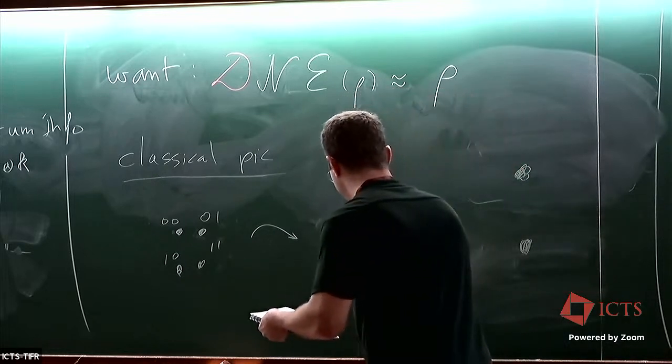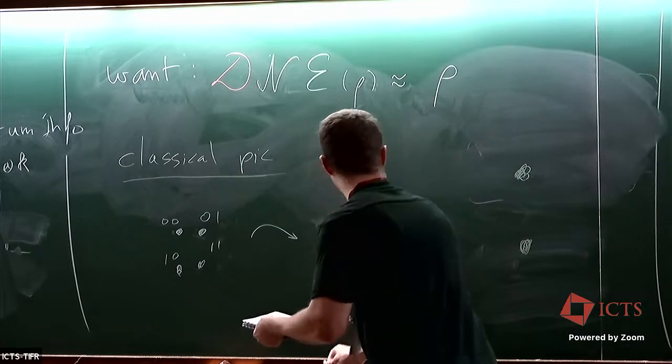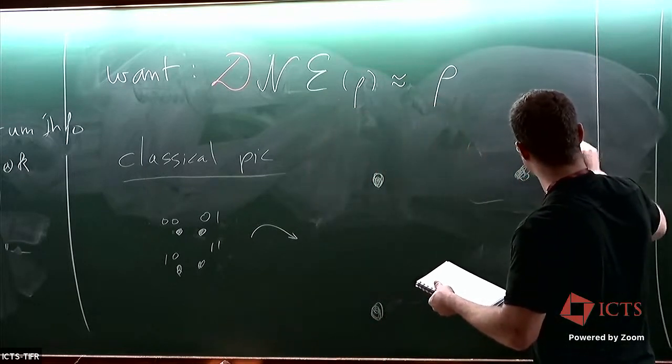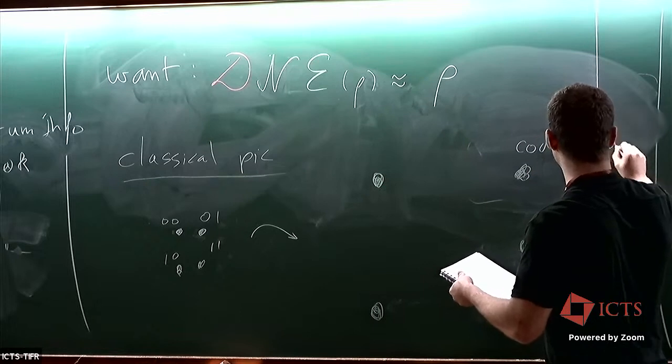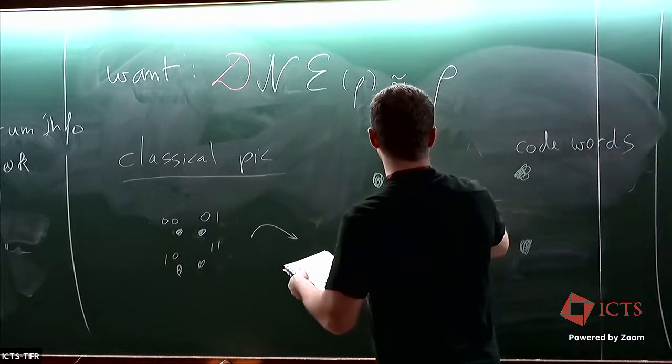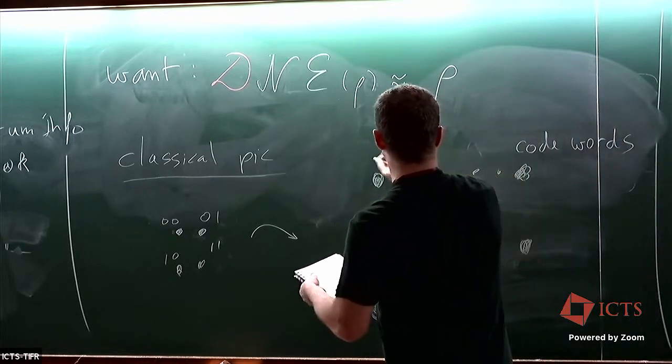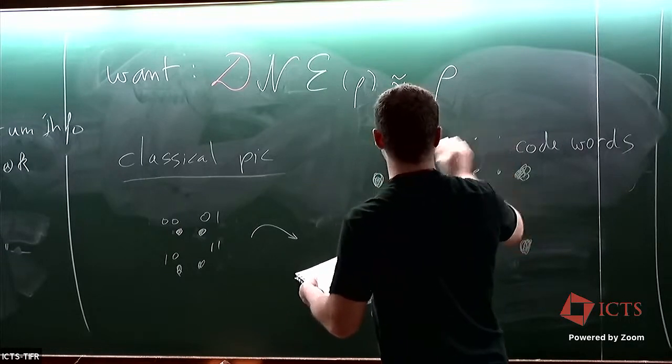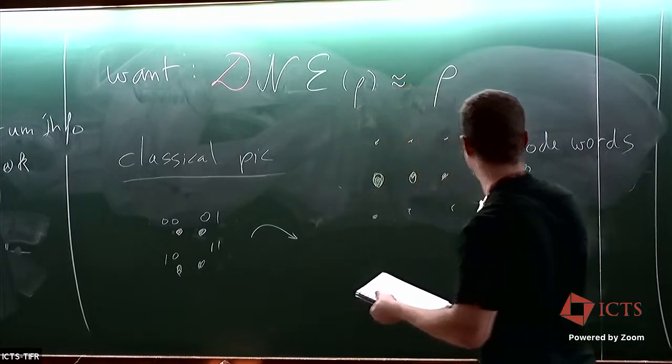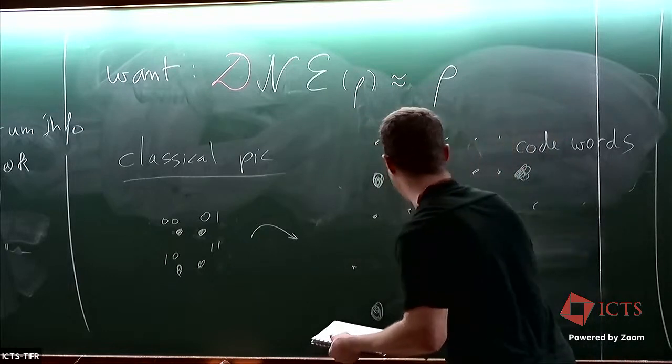These are now your logical code words. That's what they're called. These are the legitimate messages. But there are a lot of states in between, because you have a lot of physical bits. This is going to take me a while, but you get the idea.